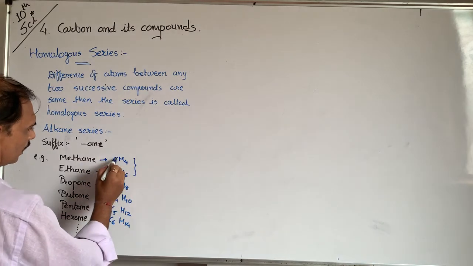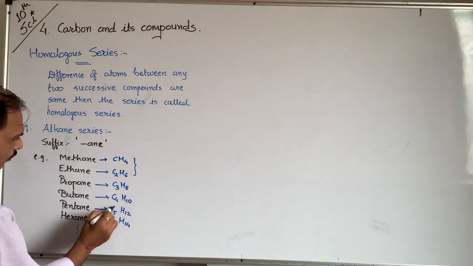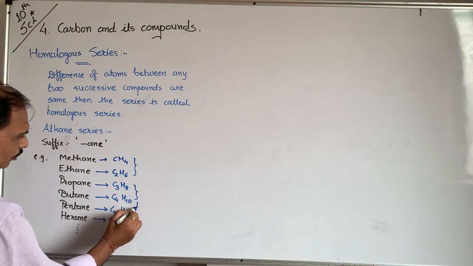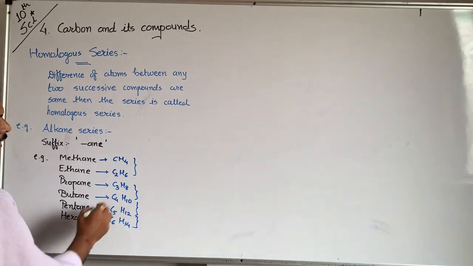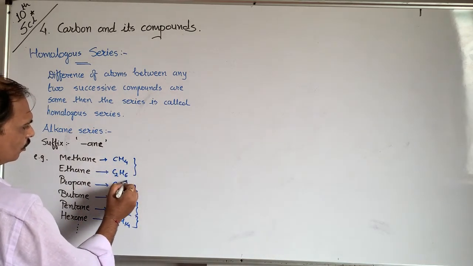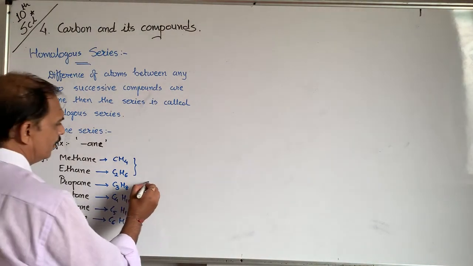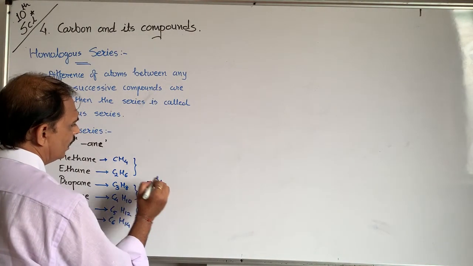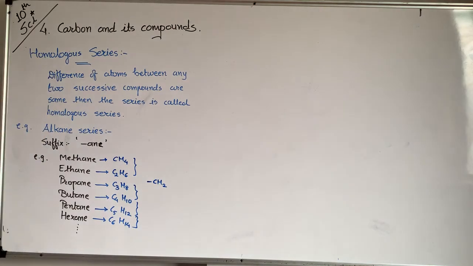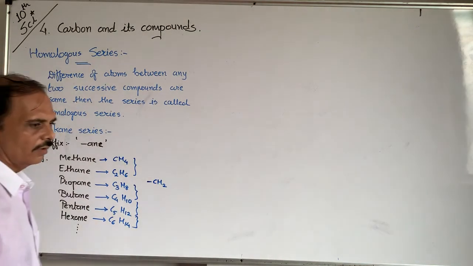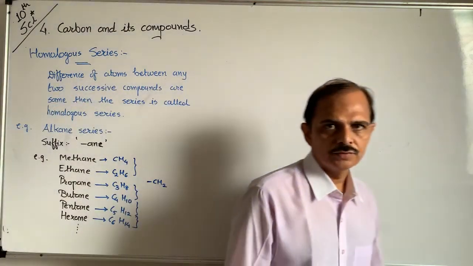One carbon increases: 1, 2, 3, 4, 5, 6. Any two you can select. One carbon increases and hydrogen goes 4, 6, 8, 10, 12, 14, so 2 hydrogens increase. So the difference is CH2, one carbon and 2 hydrogens. And that's why the series is known as the alkane series, or called a homologous series.